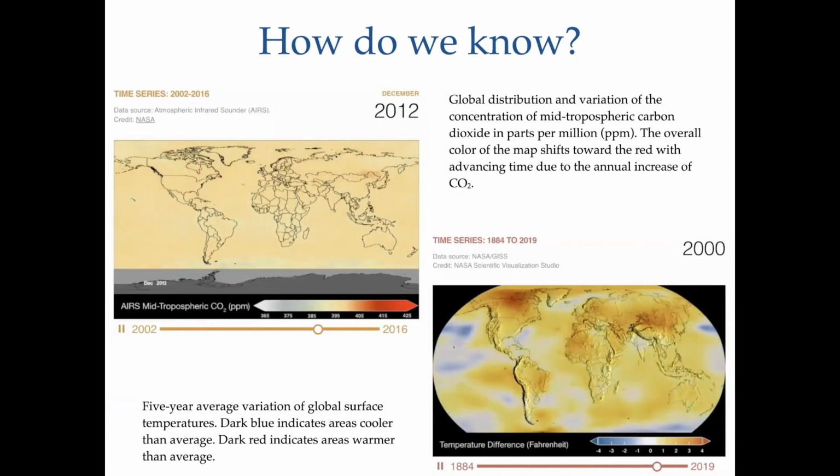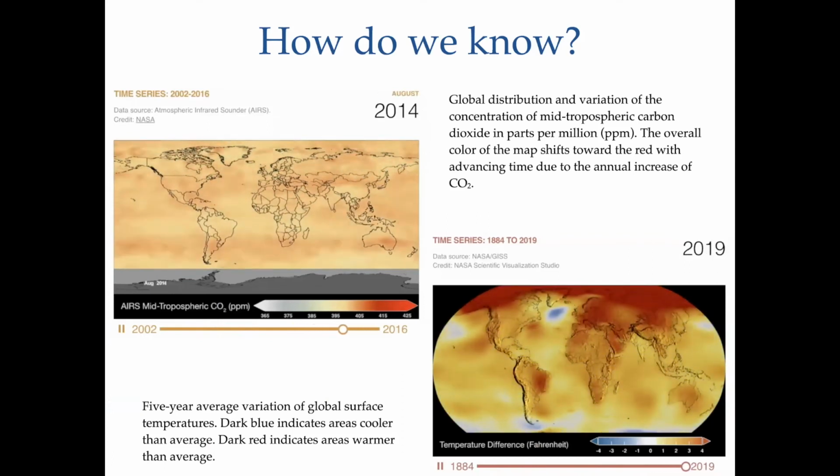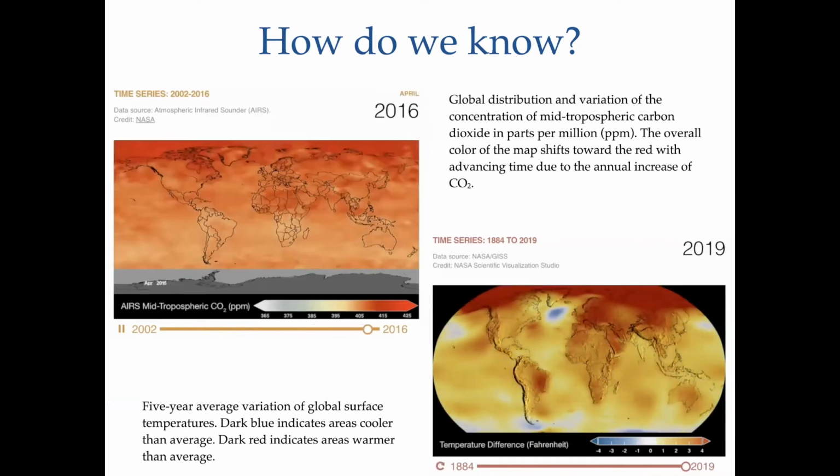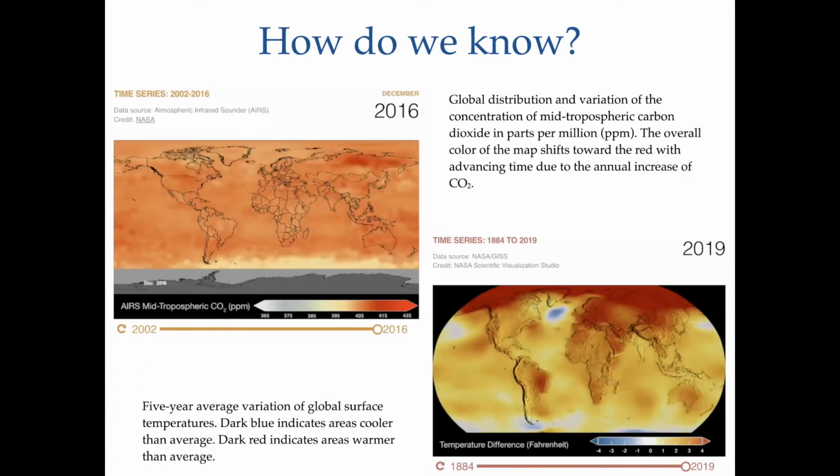In these two maps here, what we can observe is how the temperatures are changing from 2002 to 2016. And we are seeing how much carbon dioxide is being accumulated in the atmosphere, and here the change in temperature.